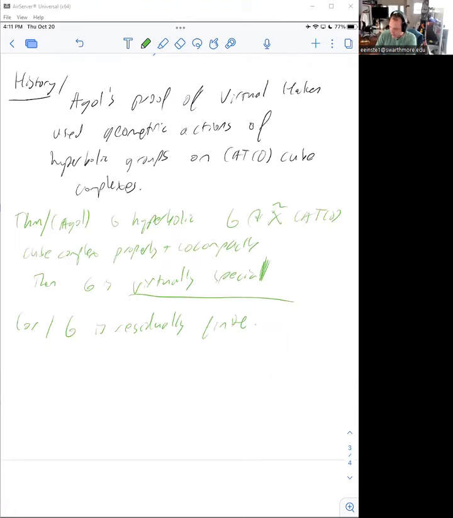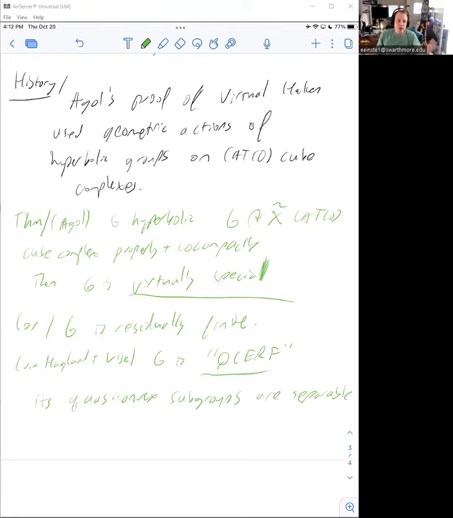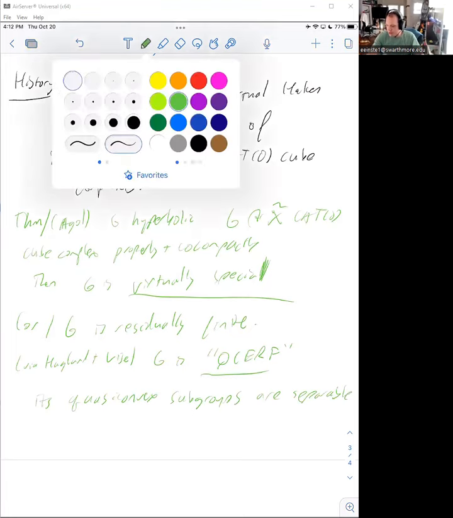In particular, due to work of Haglund and Wise, it also tells you that G is so-called QCERF, meaning that quasi-convex subgroups are separable.